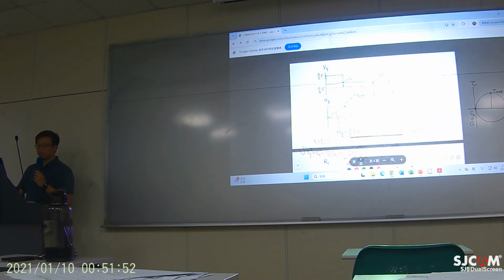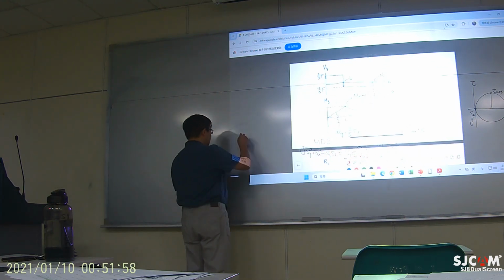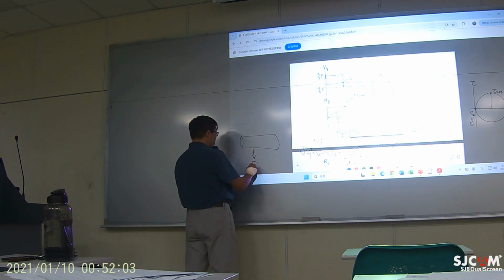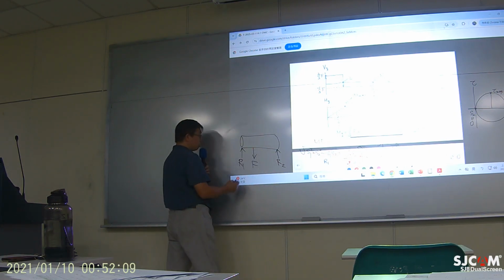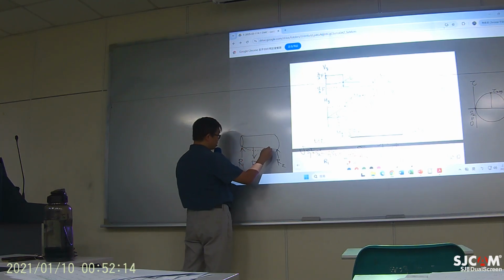Right at this point, you need to mention the shaft. So the shaft looks like this. And here's the force. Here are the reaction forces, R1, R2. So the shaft is being bent in this way.